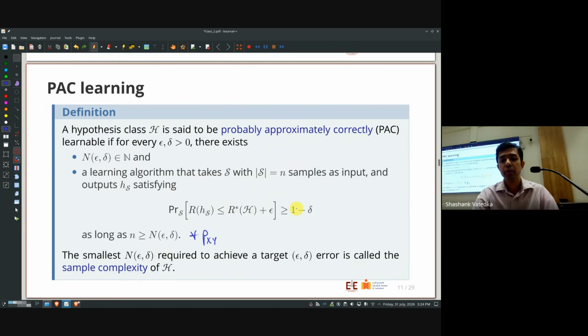If I can do that using a finite number of samples, so for a given epsilon and delta, there is some n of epsilon and delta, such that if I have more than n of epsilon delta many samples, then with probability at least 1 minus delta, I can achieve a generalization error that is epsilon close to the best in the class.